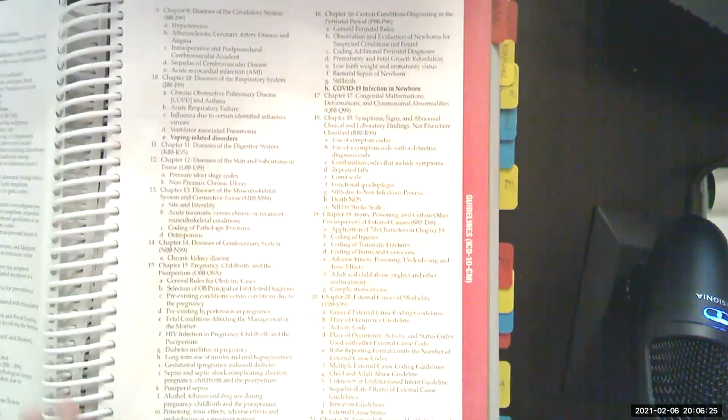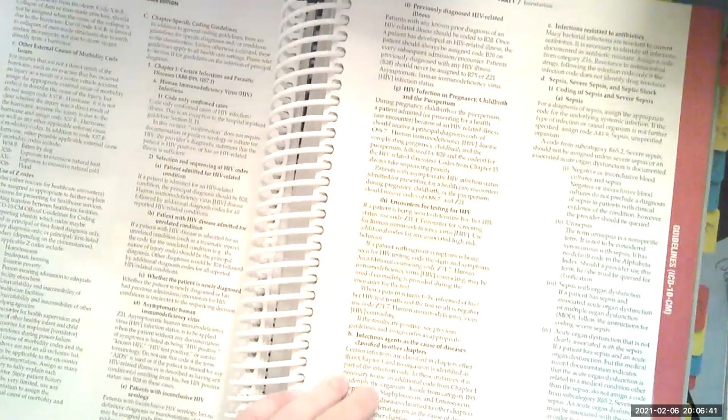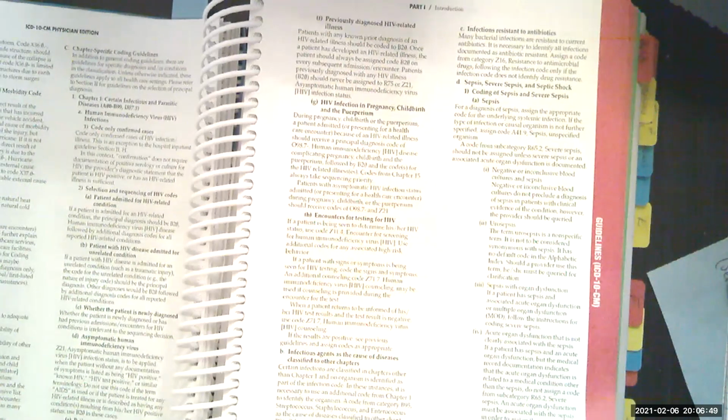Starting on page 2, there is a kind of a table of contents for the guidelines, and then the guidelines do follow from there. Some of these things you've actually already been learning about and didn't know they were guidelines, but we'll go over that here in a second. But all the guidelines are listed here in this red section.